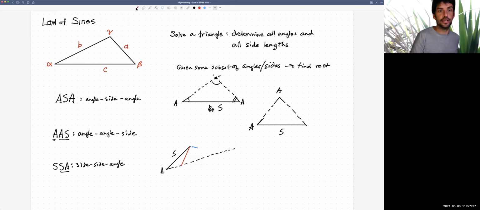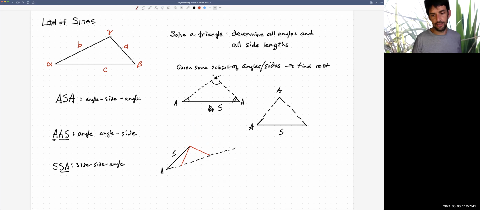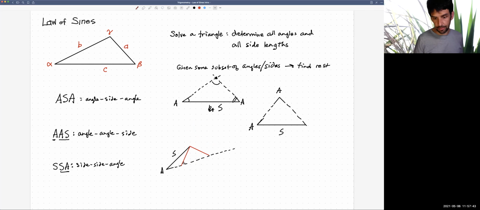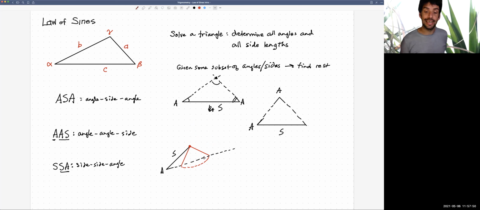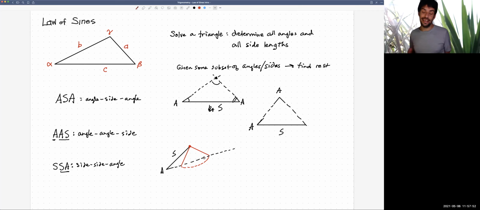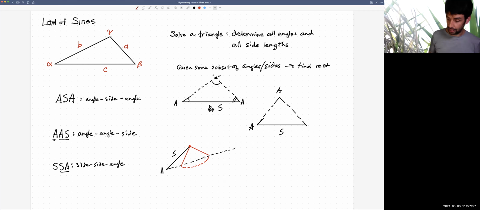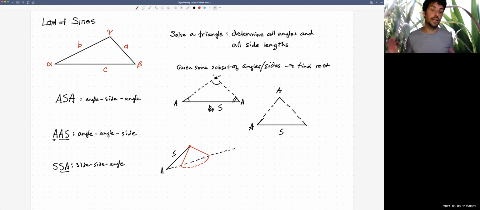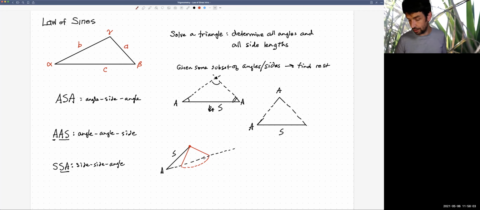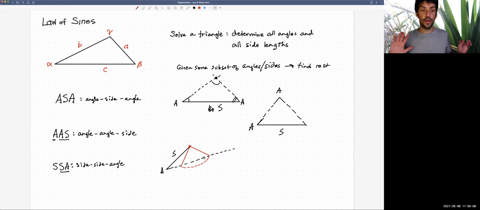But I think it's clear, and I made a second video on this. You can imagine a second side of the same length. If there's a hinge here, rotating this around would draw a circle, or at least part of one, and intersect somewhere else. That's why you sometimes get two possibilities. We call this the ambiguous case. There's a whole separate video on this one, so I'm not going to go into any more detail right now.